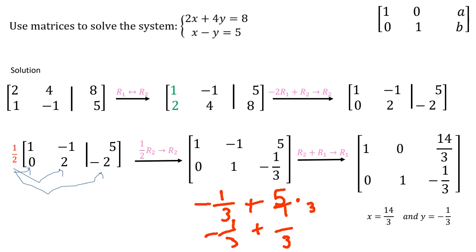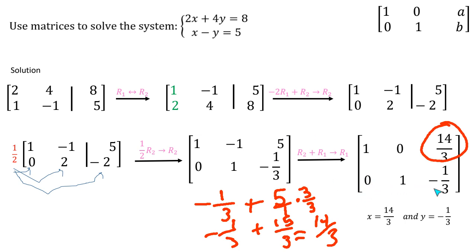So I need to multiply this by 3 divided by 3. So that becomes 15. 5 times 3 is 15. And now 15 plus -1 is 14 thirds. Okay, so that's how we got 14 thirds. And then the second equation stays the same because we weren't trying to change that one.